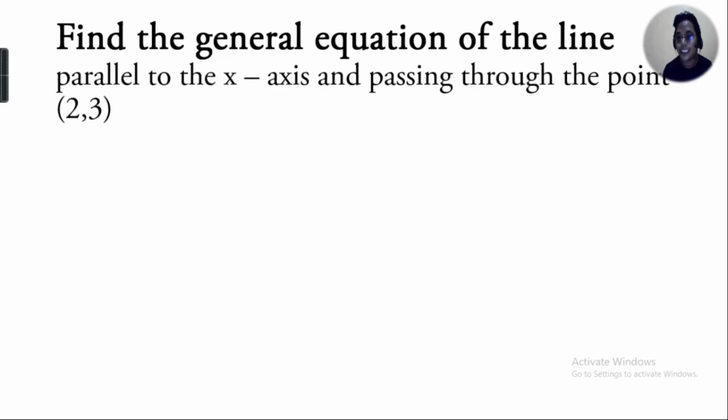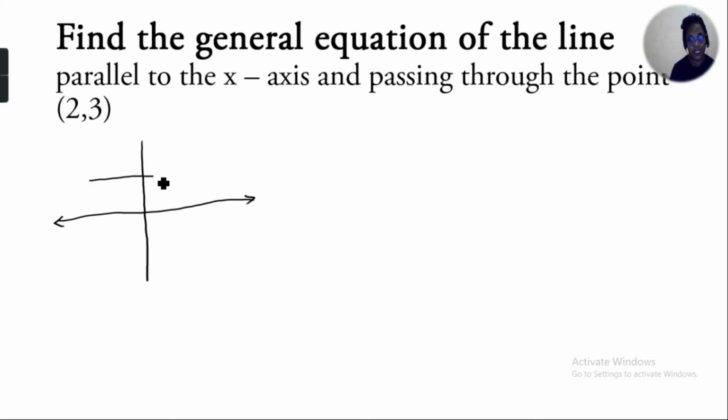Last condition for our equation of the line exercises for today po. Find the general equation of the line which is parallel to the x-axis and passing through the point 2, 3. So, pag sinabi nating parallel sa x-axis, if we're going to draw the line, so ayan po. Ito yung ating x-axis. So, assume that the line is above the x-axis.